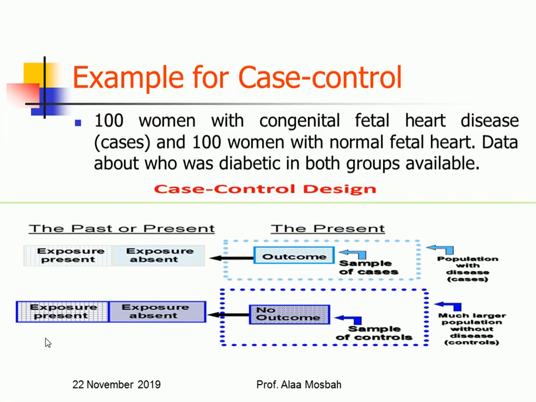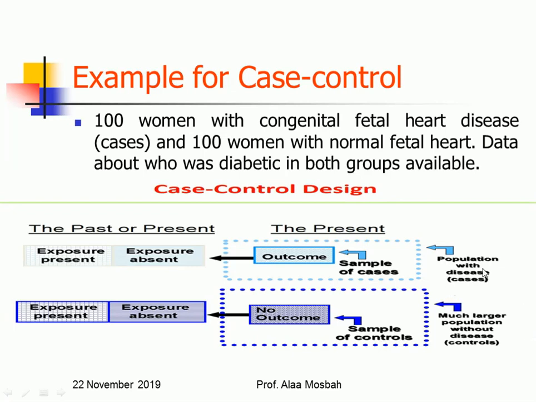Okay, then I take another group, control group, with normal fetal heart. Then all pregnant ladies in both groups, I'll ask about who was diabetic and who wasn't. And I will analyze the data to know if there is relation between diabetes and the occurrence of congenital fetal heart or not, like here in the picture.